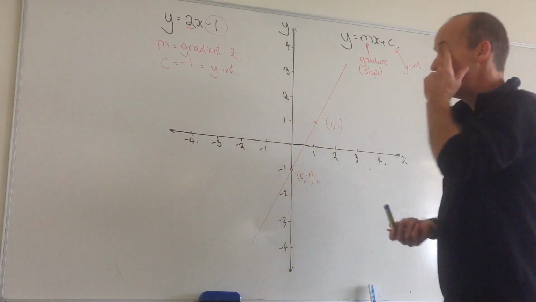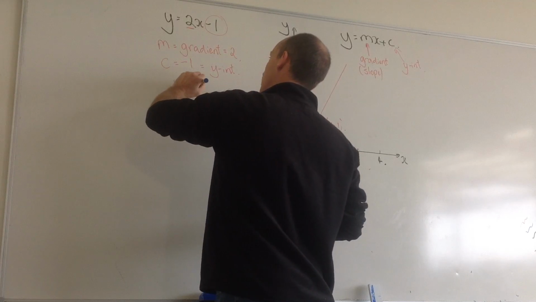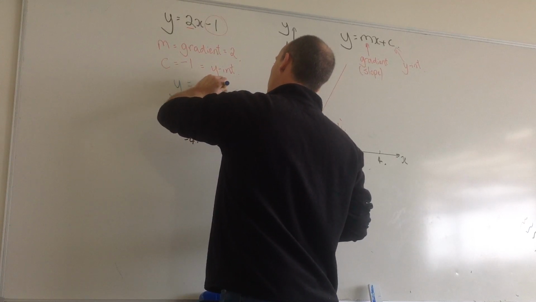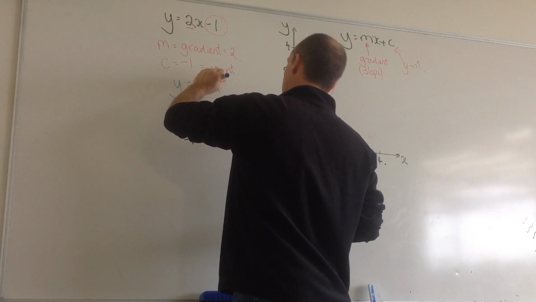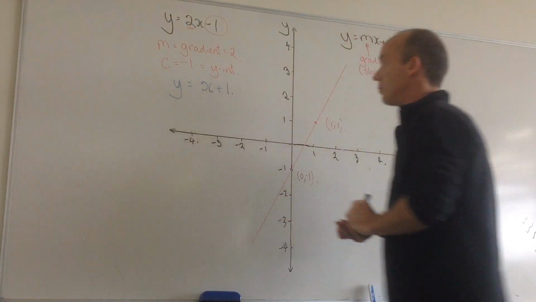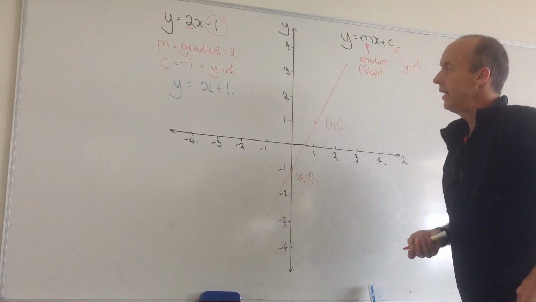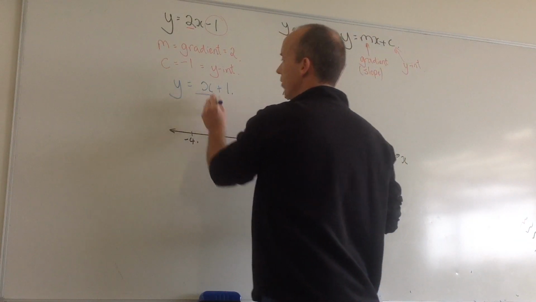Let's try another example. Let's say y is equal to x plus 1. Okay, so when I've got that, again, I've got to think about what's the coefficient of the x term.